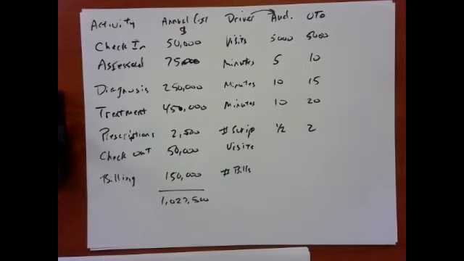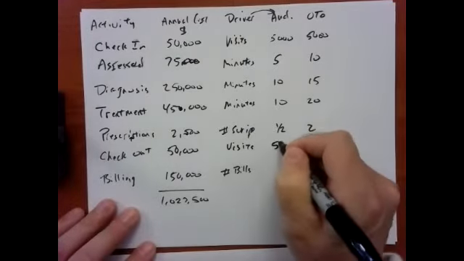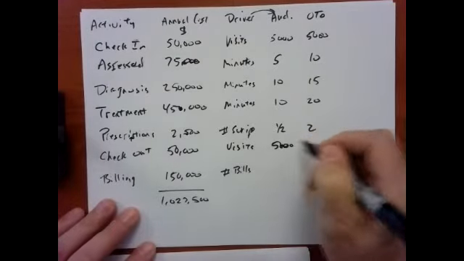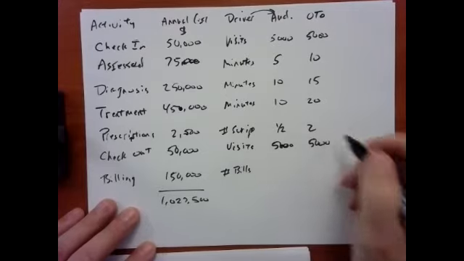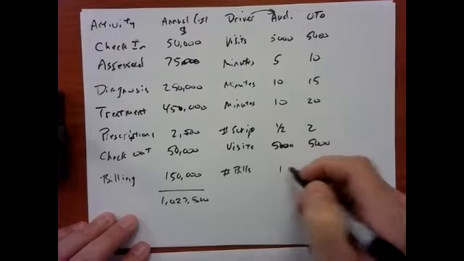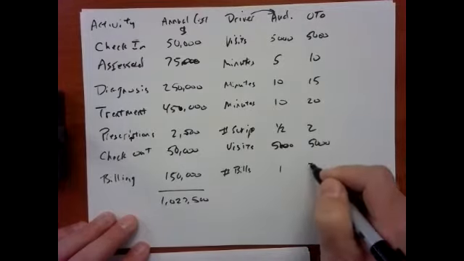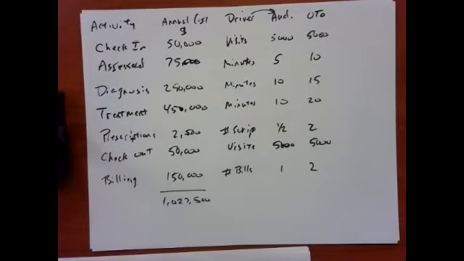And then if you check in, this is not the Hotel California. If you check in, you check out, right? So you have 5,000 visits if you checked in, and you have 5,000 visits if you checked out. And then we're going to assume that audiology generates 1 charge on a bill, and otolaryngology generates 2 charges on a bill.